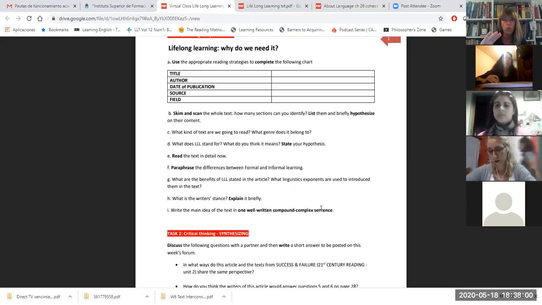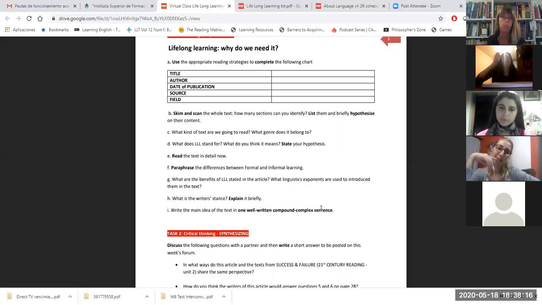We can hypothesize what are the linguistic exponents. I mean, what vocabulary, what nouns, prepositions, and verbs are we going to find in that article? If we are talking about descriptions of a house, definitely prepositions of place. So whenever we discuss linguistic exponents, we are referring to the language used with a purpose.